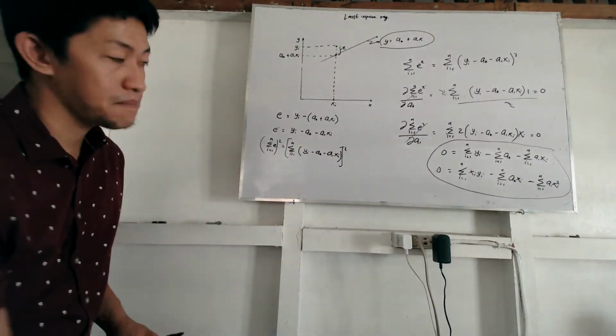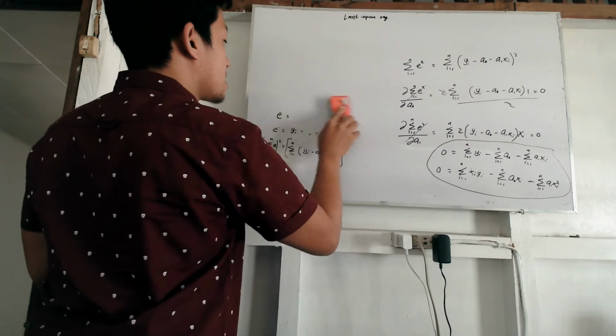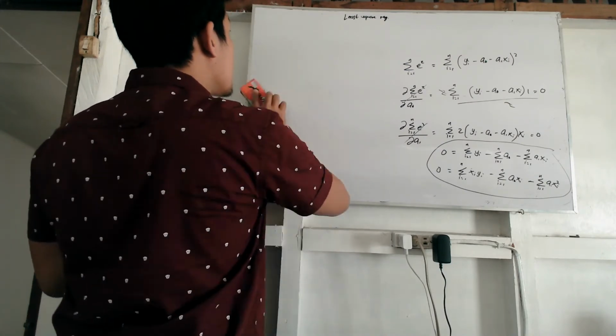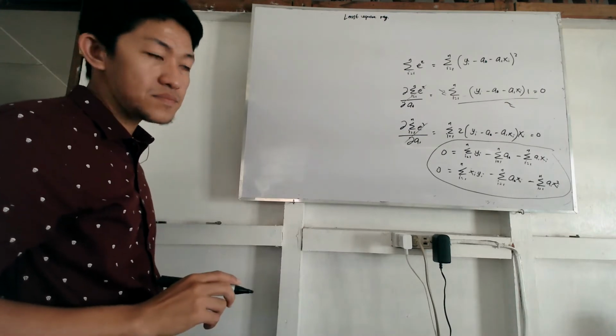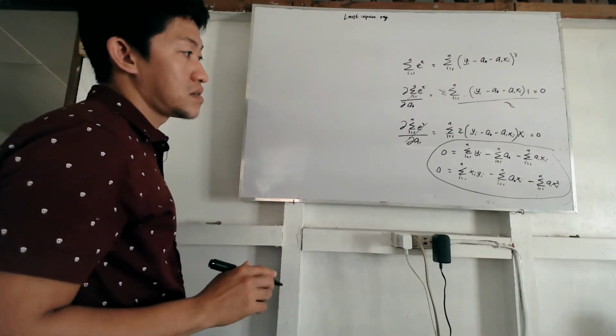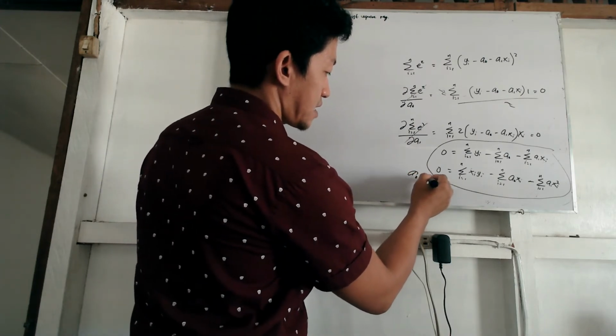And then, when we rearrange, our objective is to get a0 and a1.